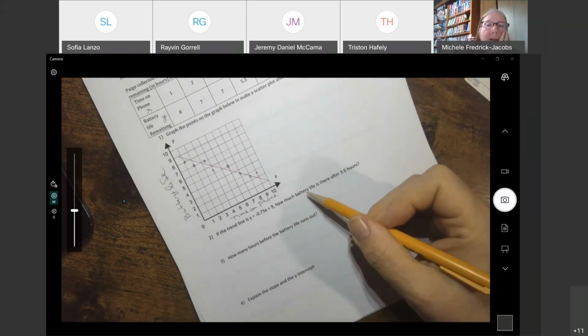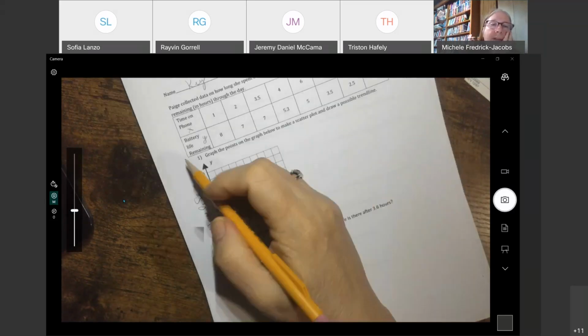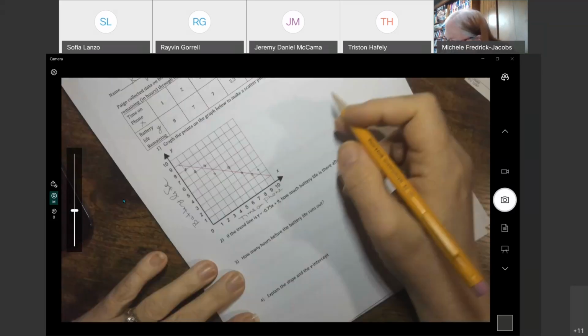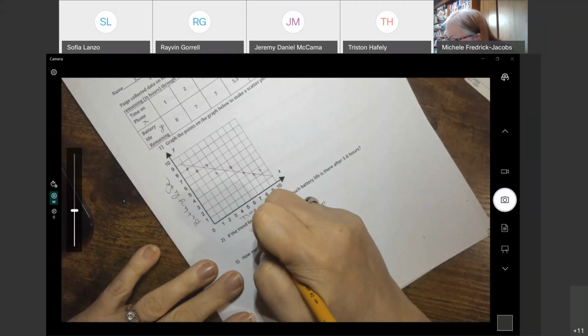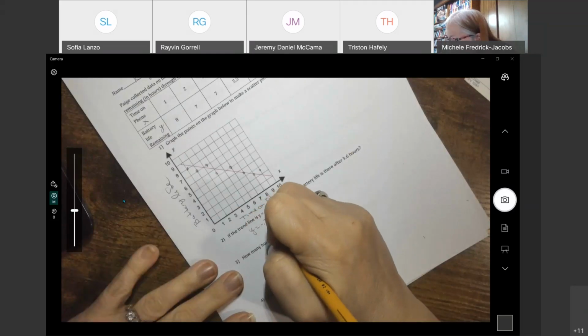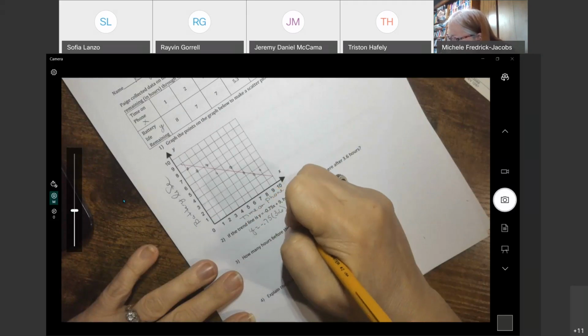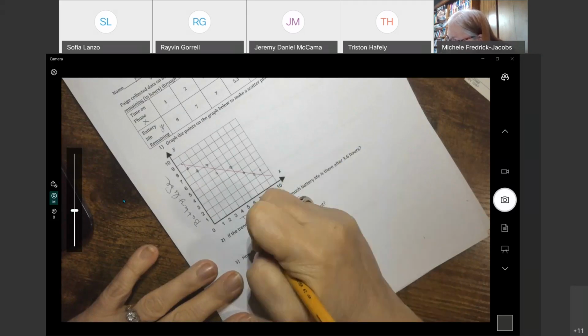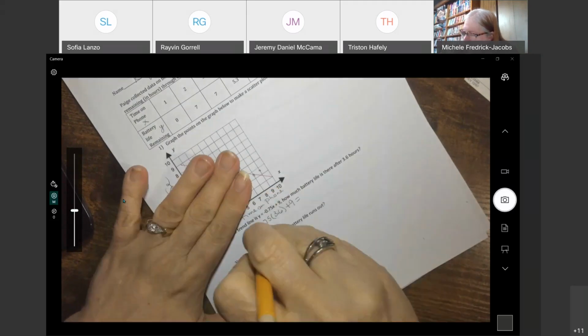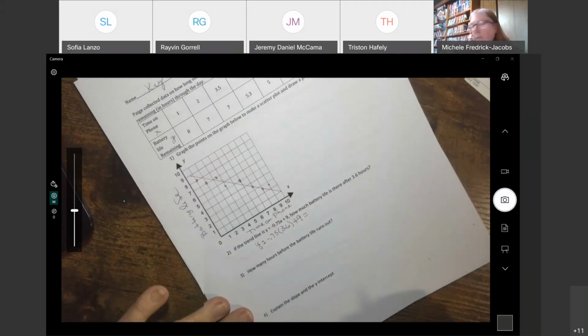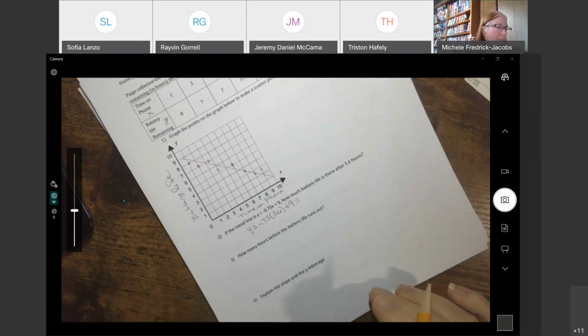We're looking for battery life, and we said battery life was Y, so we plug it in for X. And then we just plug that into our calculator. Exactly. Okay.